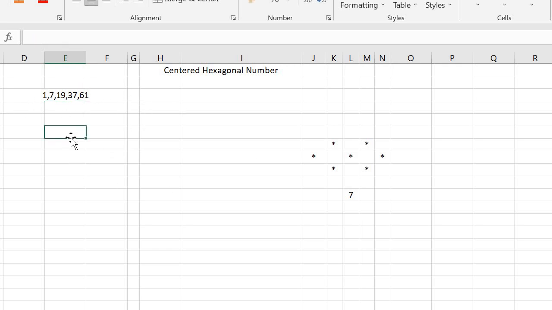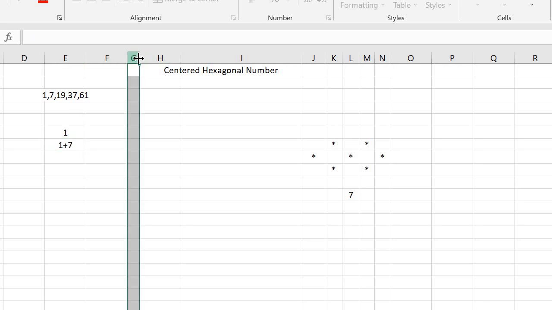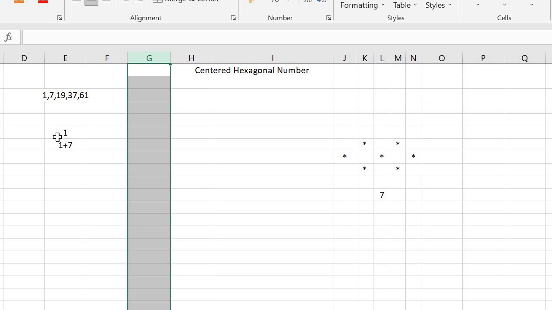If I try to find out the cumulative sum of these numbers, what will that be? Let me just calculate it. The first one will be 1 only. Next is 1 plus 7. Let us create the series now.